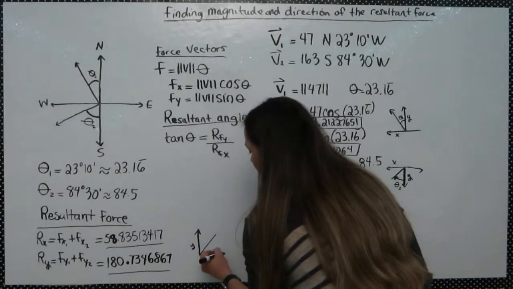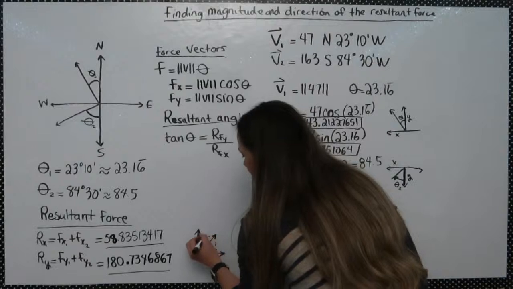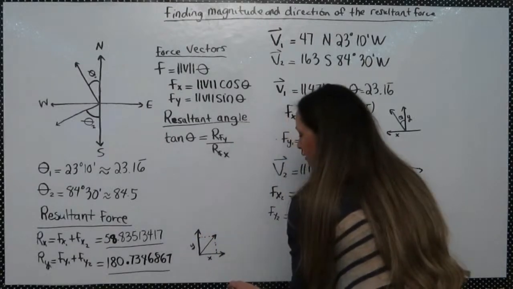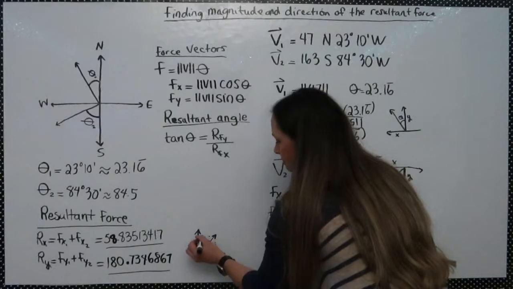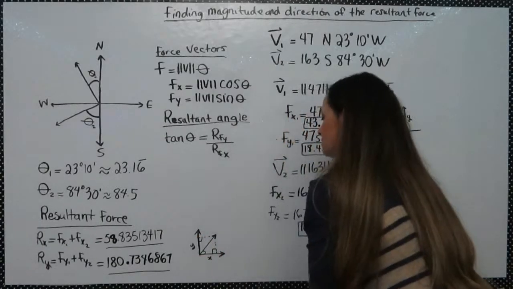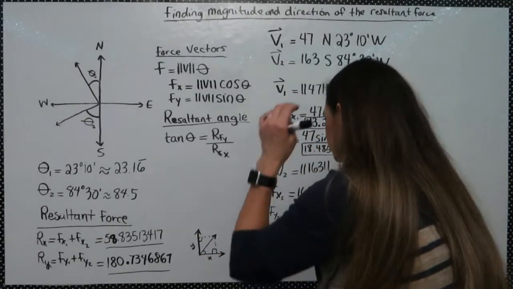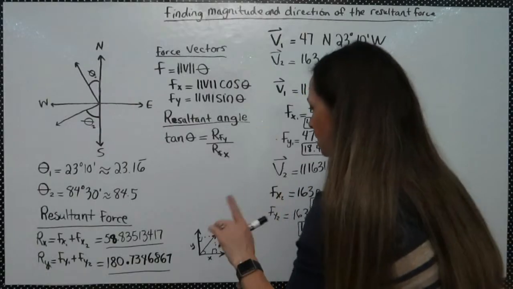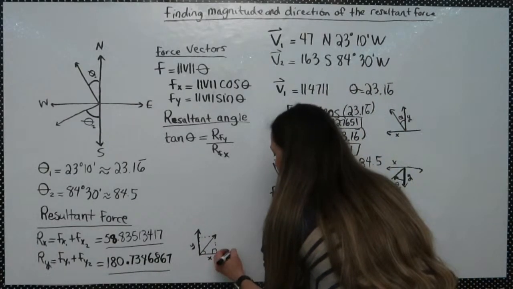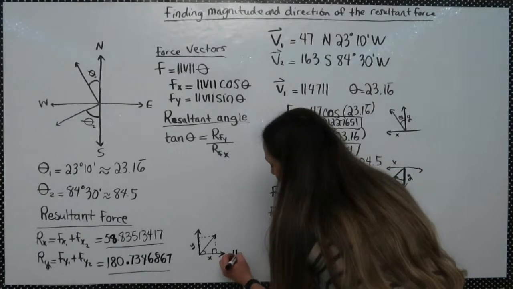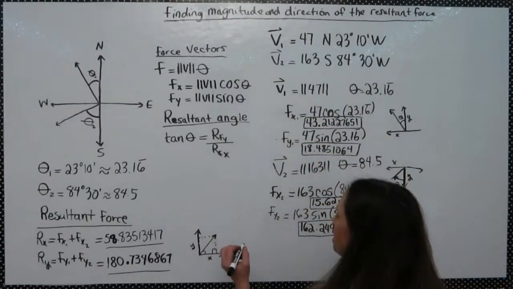So now we have to use the Pythagorean theorem to find these values. Okay. So what we're going to do is use the Pythagorean theorem to find the magnitude of the resultant. So let's put that in here.